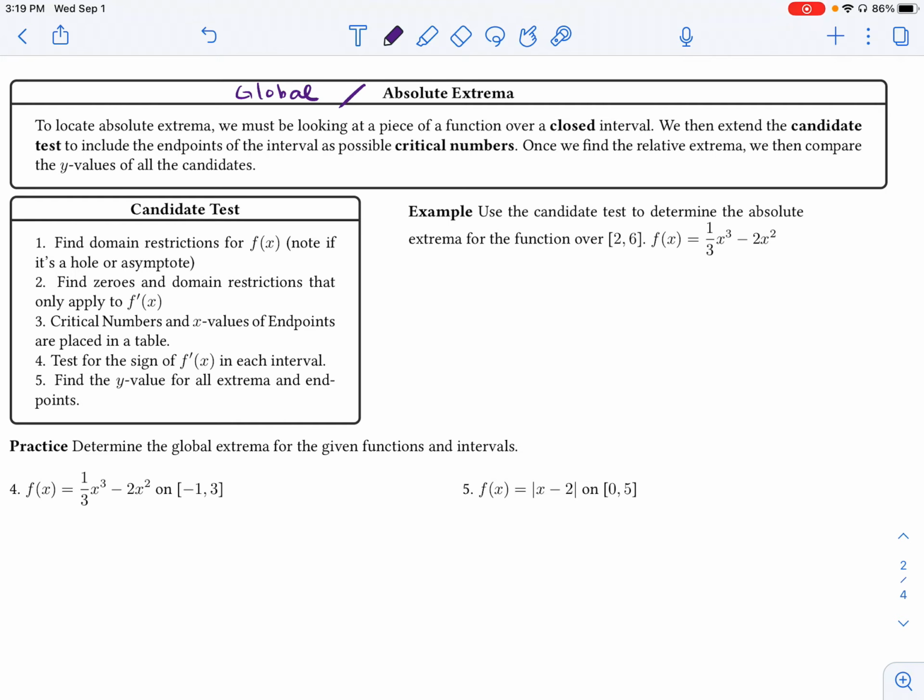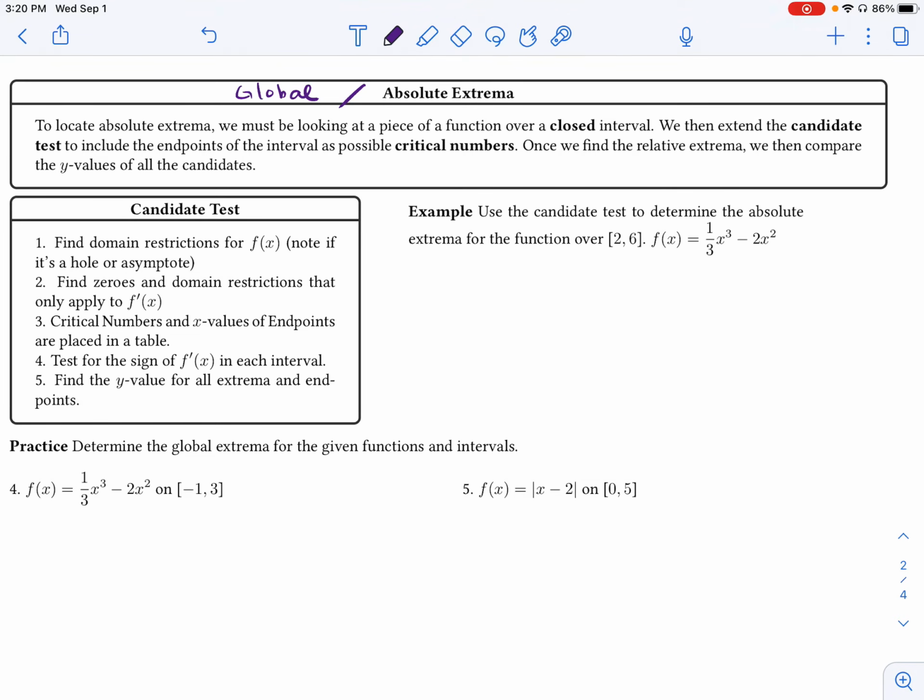So the thing about a global extrema, its definition is different. Refer back to my previous video on this, but for something to be a global or absolute extrema, it doesn't have to be greater than the point immediately before or after. We can look at global extrema over a closed interval. So even if it's the very first point in a function's domain, we can still include it as being an absolute extrema if it is the greatest point or the greatest y value over its entire domain.